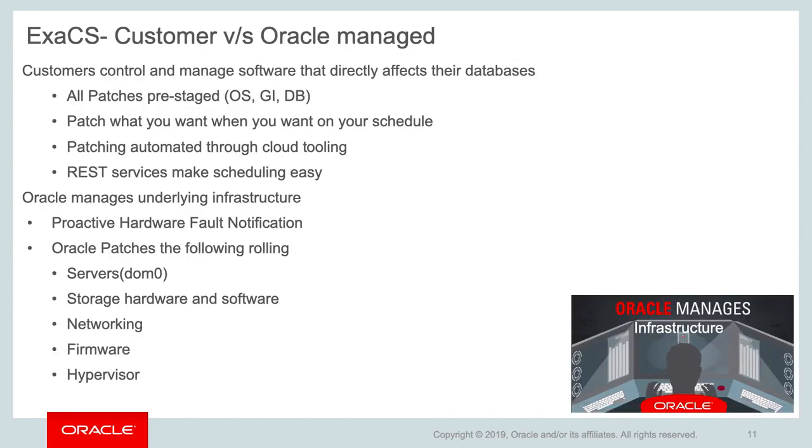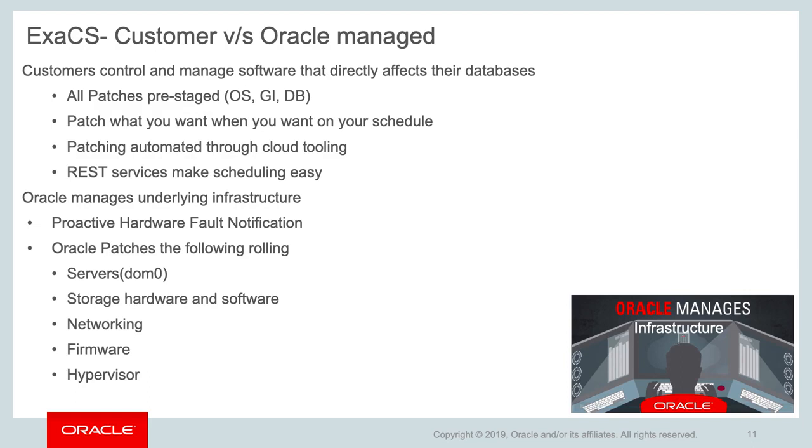We'll talk about Exadata Cloud Service, customer versus Oracle managed in terms of responsibilities. So customers have complete access to all Oracle database and OS features. All the patches are pre-staged, for example operating system, grid infrastructure, and databases. You can patch what you want when you want on your schedule. Patching is automated through cloud tooling.